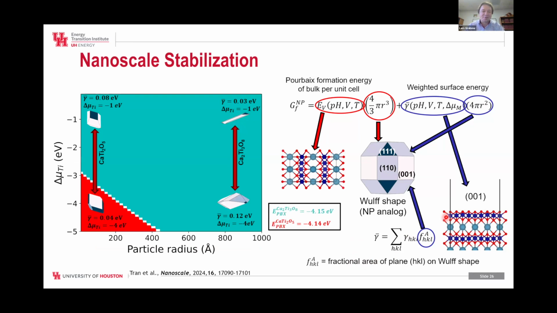Now, there are certain materials that we found where as long as the particle radius is relatively small, so 400 angstroms, that's 40 nanometers. So if we get something as small as 20 nanometers, there are some materials where different phases or different materials become stable, but only at the nanoscale.